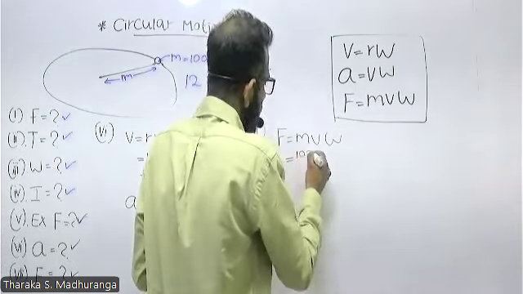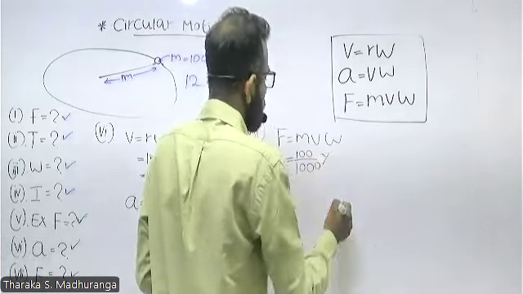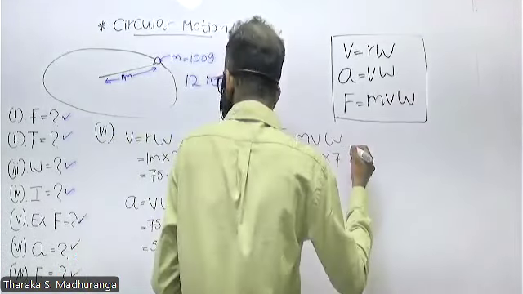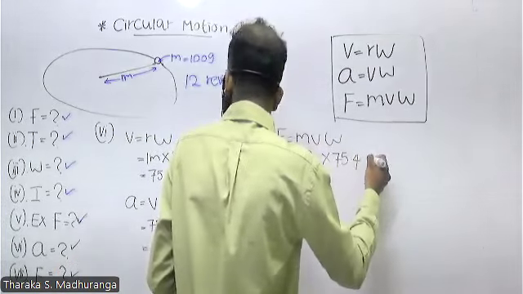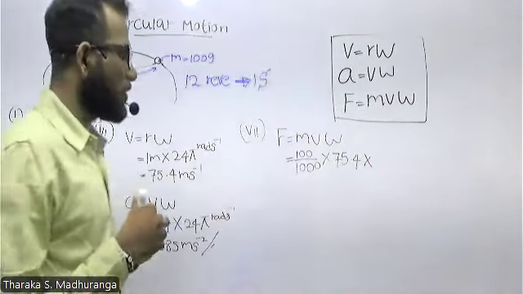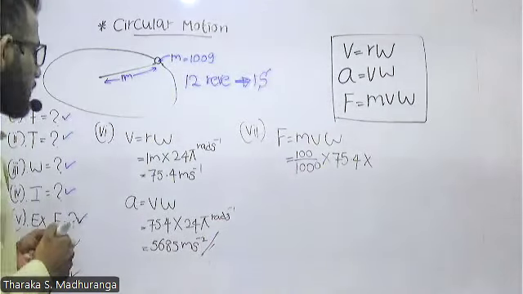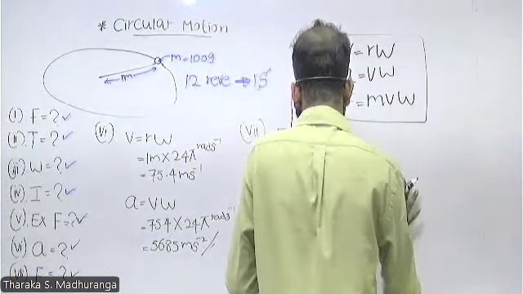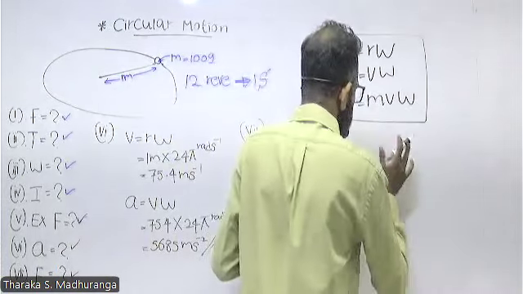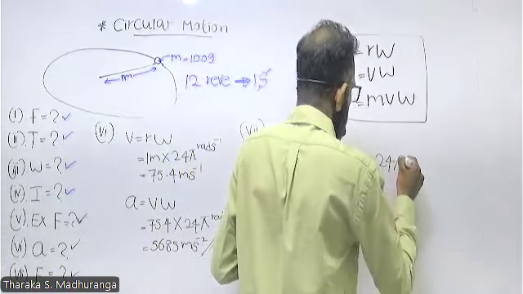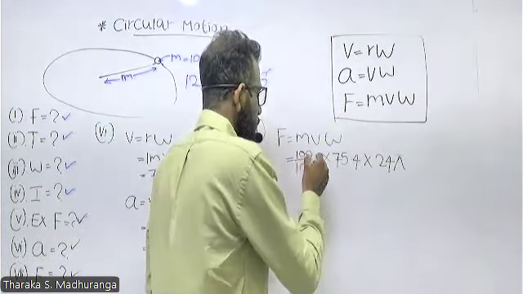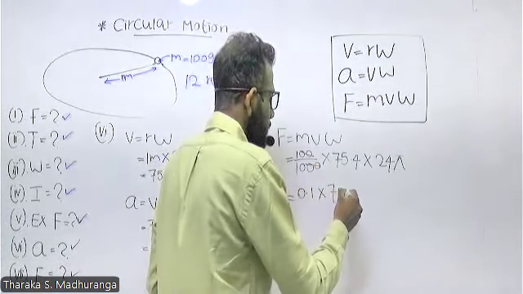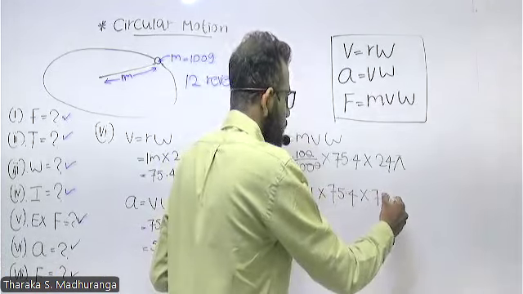M is 100 gram, and you need to convert it into kilograms. The speed is 75.4, standard units, therefore I neglect units. Omega is 24 pi, which is again 75.4. So 0.1 into 75.4, again 75.4.